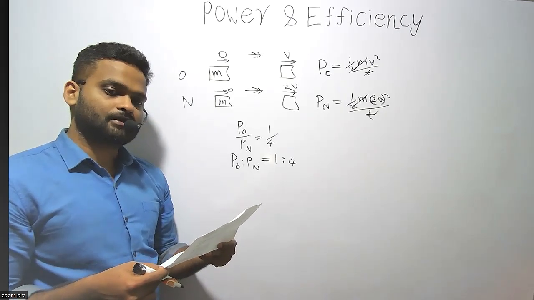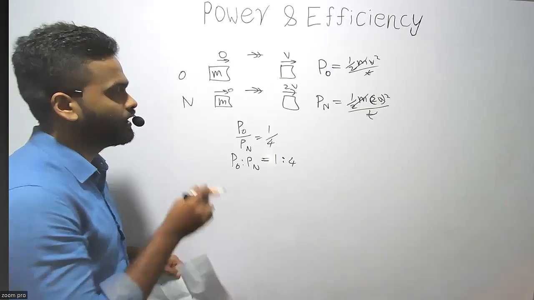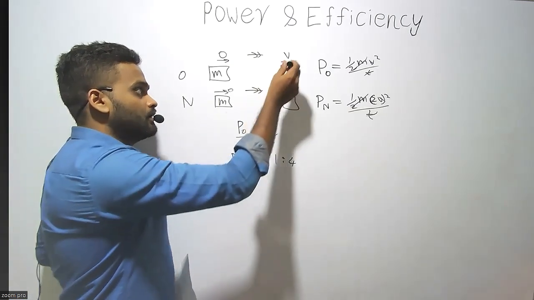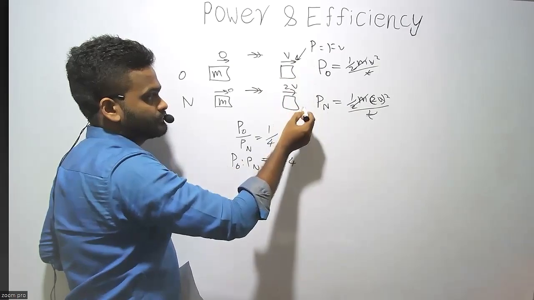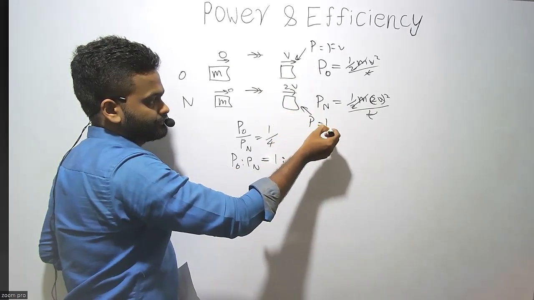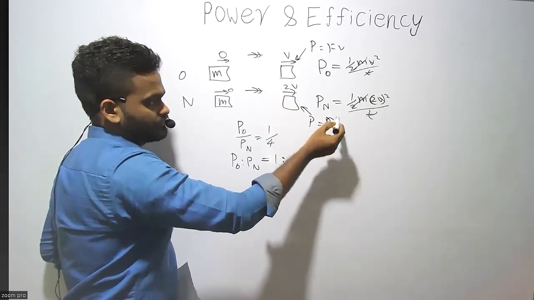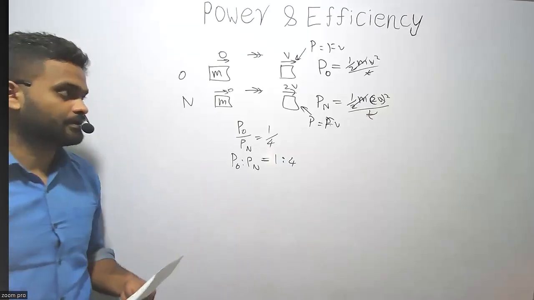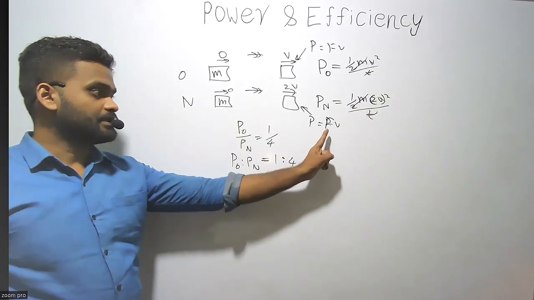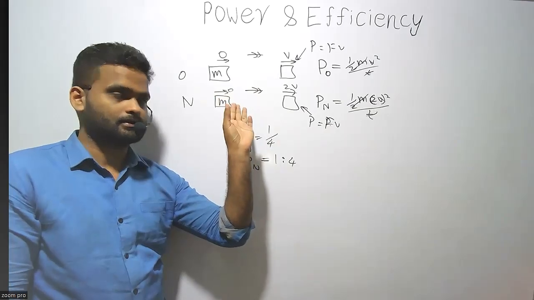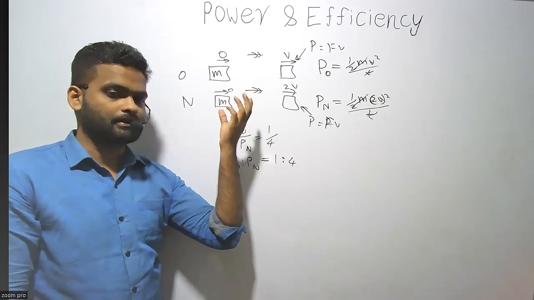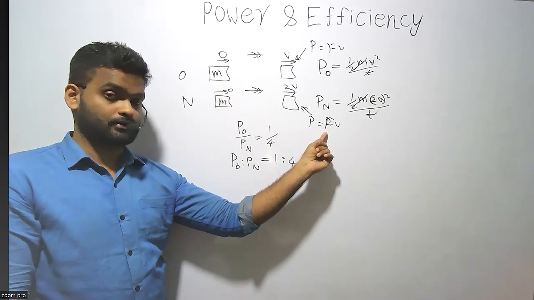So some students would think, can you use P equals FV here? You cannot, right? Why? This force, you don't know the force. If you want, you can find this force using F equals ma, but you don't know the force here.